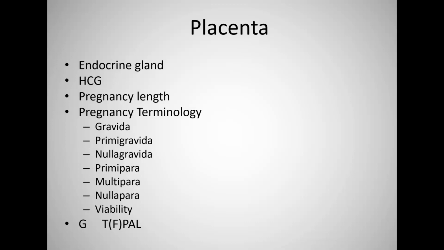Multipara is multiple, and nullipara is none. And then they have basically the viability, whether or not they've had babies that have survived. So a person can have a gravida too.